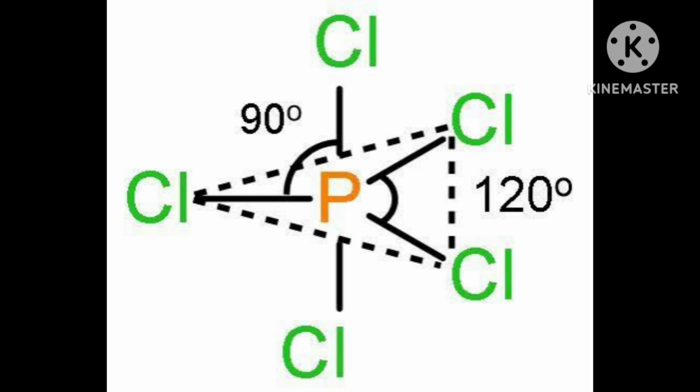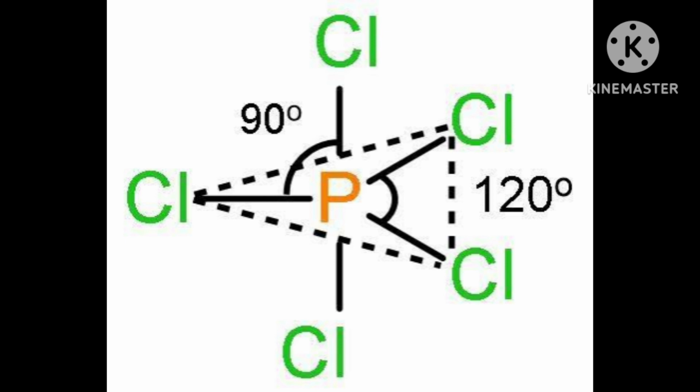The 3 equatorial phosphorus-chlorine bonds are equivalent, all 3 bonds are equal, while the 2 axial bonds form a straight line at 180 degrees, of a different type.